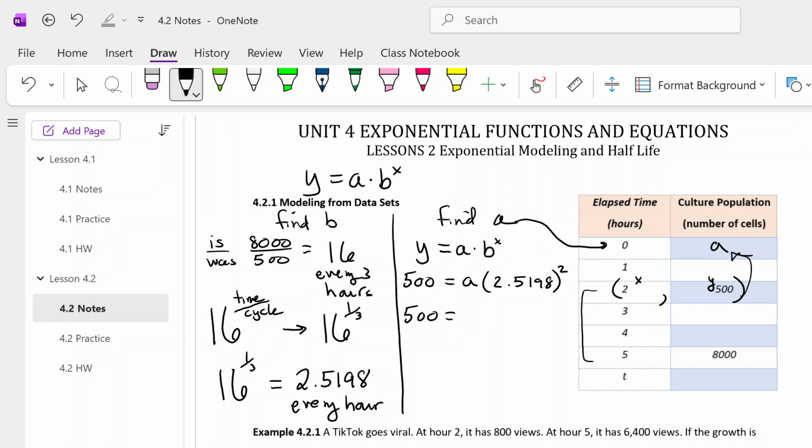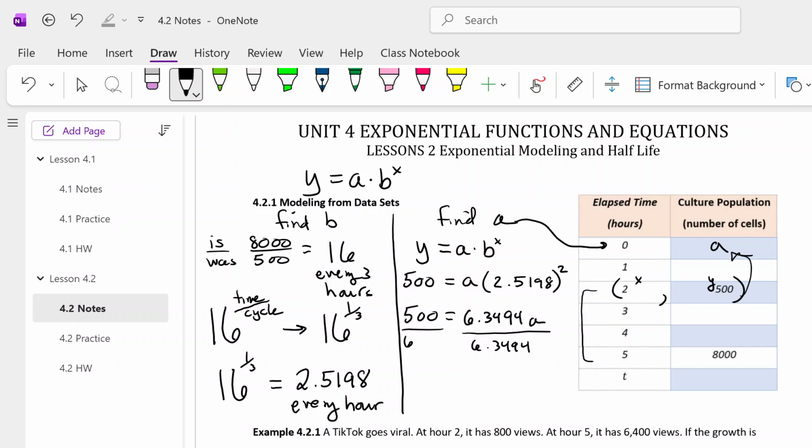So now I'm going to take 2.5198, raise it to the second power. We get 6.3494, and that's still multiplied by A. And now we're just solving for A, so let's divide by 6.3494.